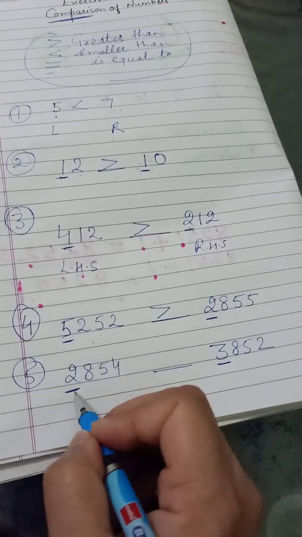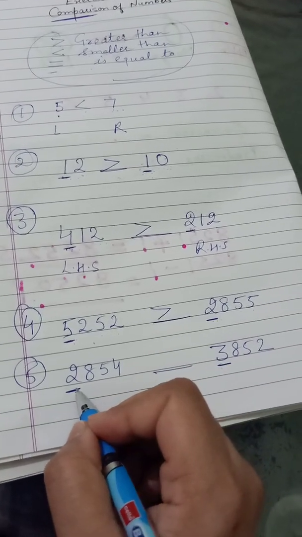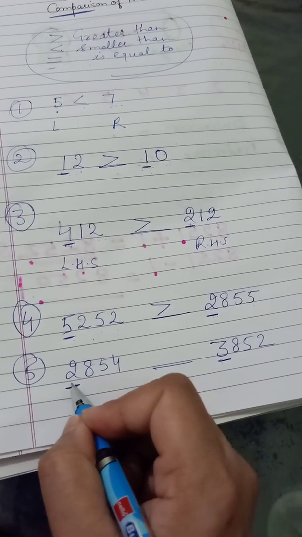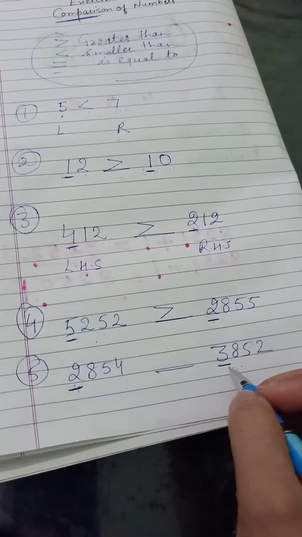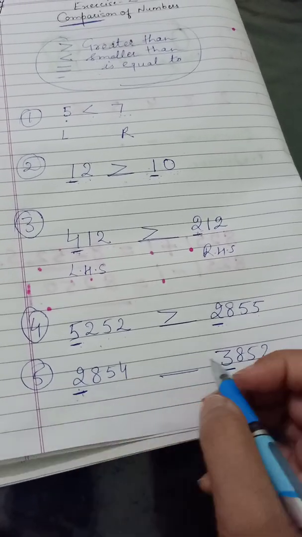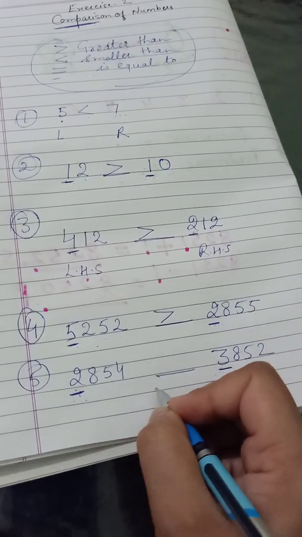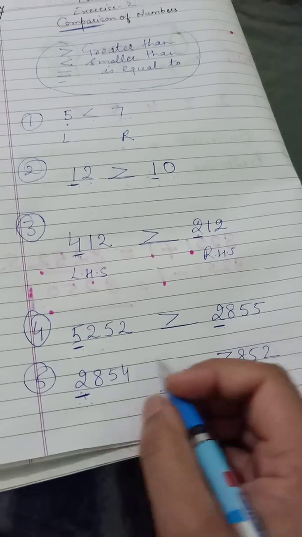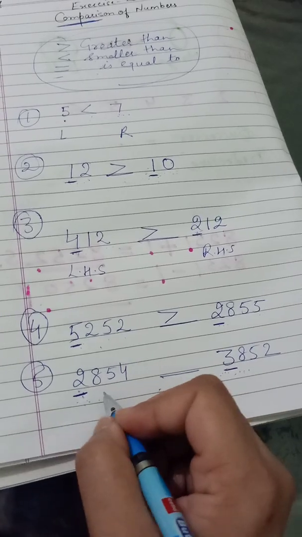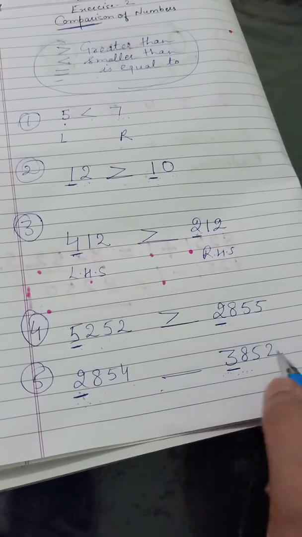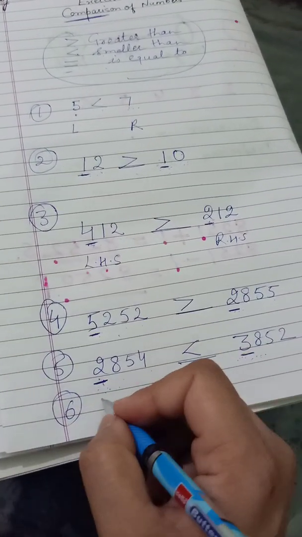The leftmost digit of the left hand side number is 2 and the leftmost digit of the right hand side number is 3. Now compare 2 and 3. 2 is smaller than 3. So automatically the left hand side number is smaller than the right hand side number. So 2854 is smaller than 3852.